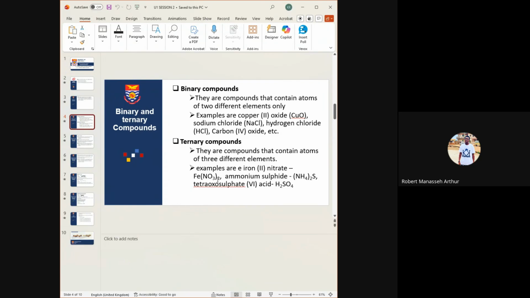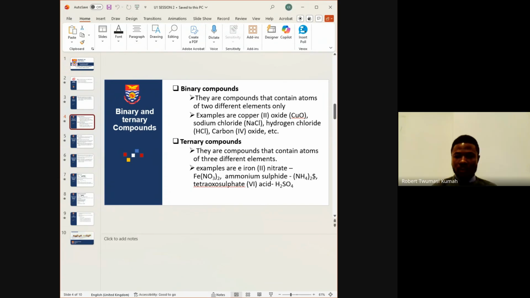And again, when you look at the ammonium sulfide, the ammonium is 2 over there, and the sulfur is just 1. Okay, so let's look at it this way. In each of those cases, let's try to identify the different elements present or the different atoms present. Let's start from the iron nitrate.